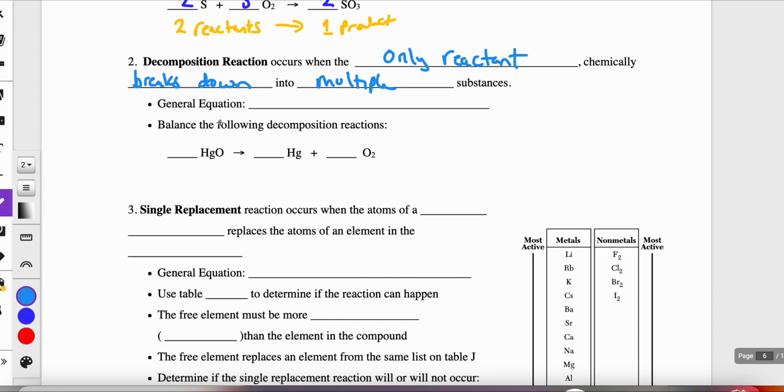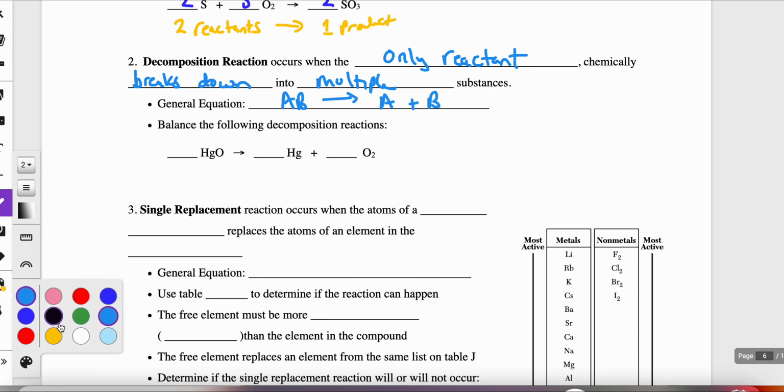So the general equation that you might see in a textbook: you would have substance AB and it breaks down into A plus B. So we start off with one reactant and we end with more than one product.